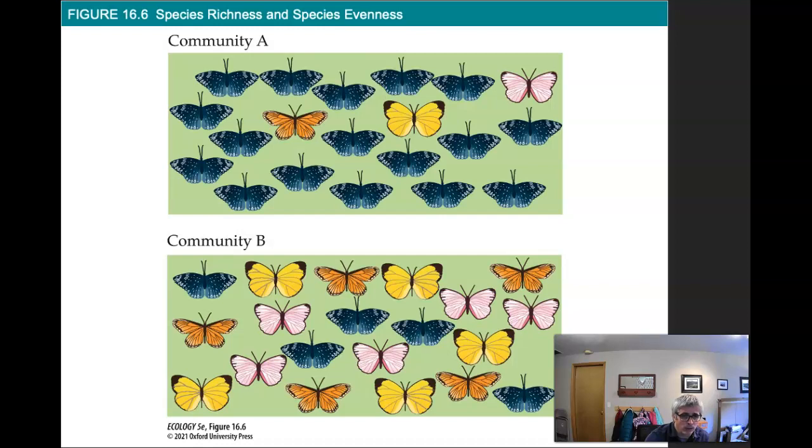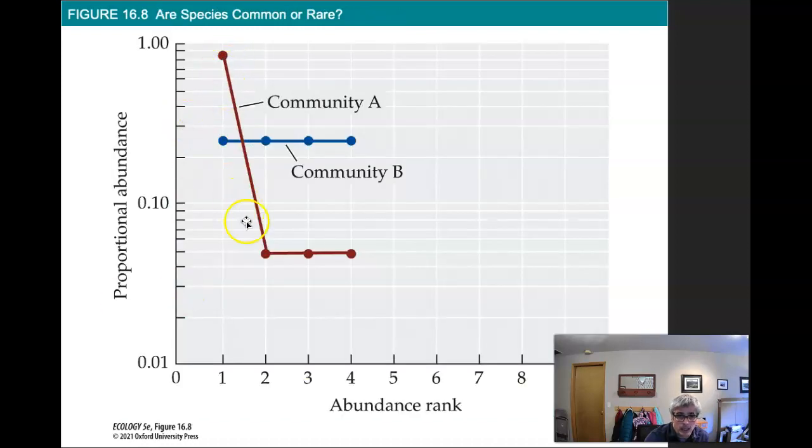So we can remember those figures. Community A, if we're comparing butterflies in 2 adjacent valleys, and we find this proportional abundance for community A is a lot different than community B, that's a foundation of a good research question of like, what's going on here? Why is that happening?